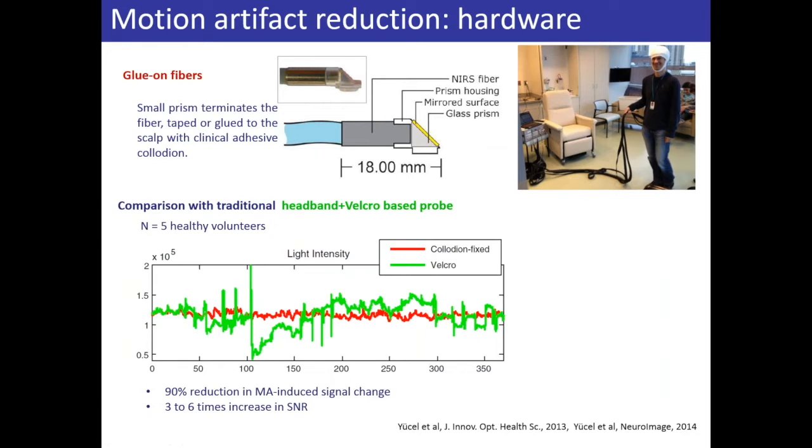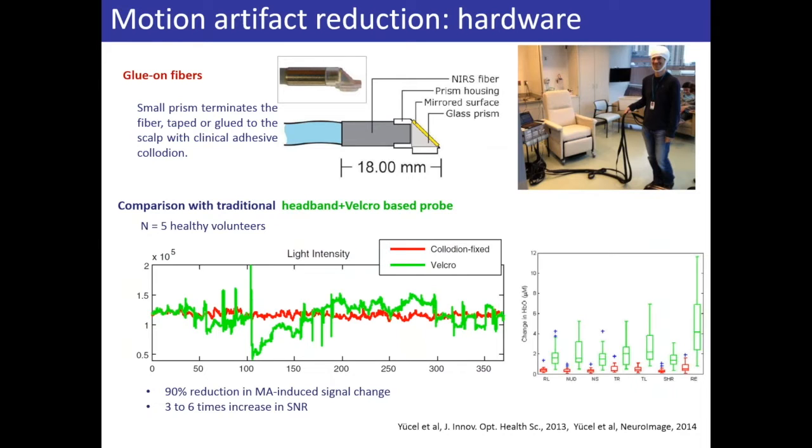We asked subjects to do different motions, such as nodding up and down, talking, or shaking their hands. Overall, we observed a great reduction in motion artifact-induced signal changes, and also a 3 to 6 times increase in signal-to-noise ratio. On the right, we show the signal change due to each type of motion artifact.